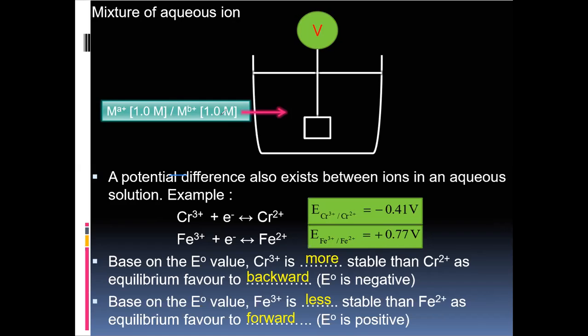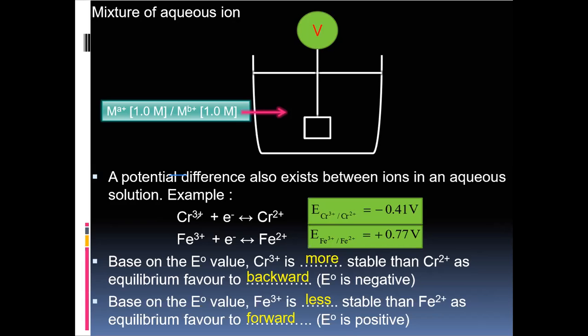So this is a mixture. This is not just a copper solution or a zinc solution or a chloride solution. This is a mixture of two different ions, both at 1.0 molarity. That's their concentration.